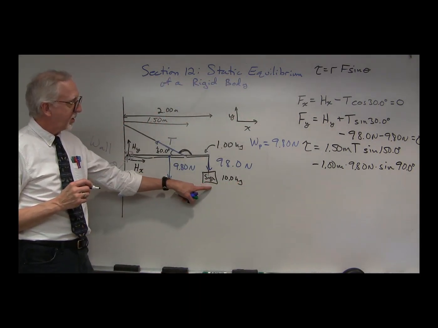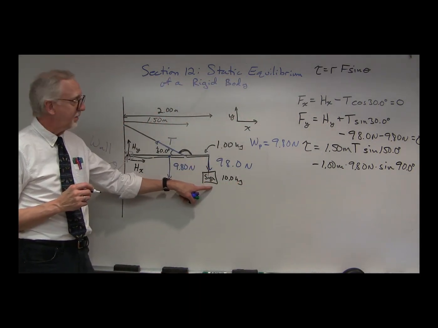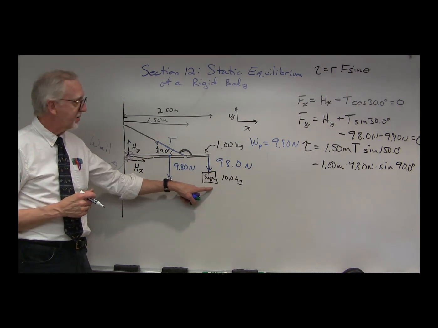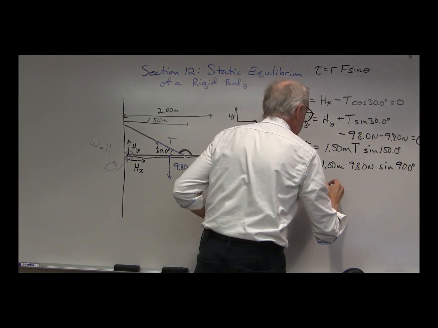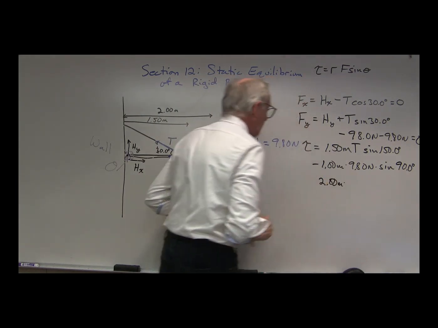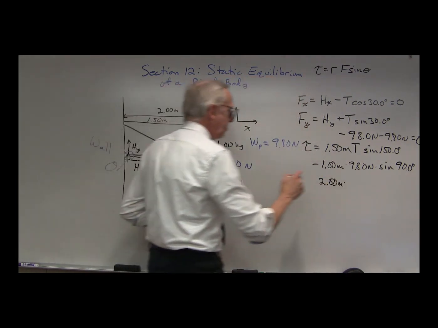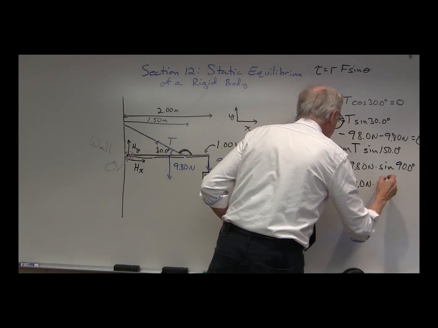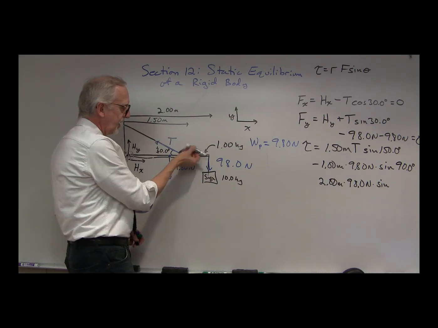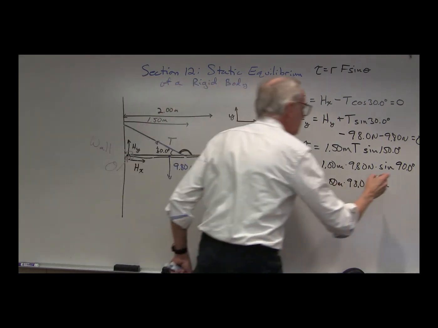Okay, one last force. The weight of the sign. What is R for the weight of the sign? 2 meters, times the force, which is 98 newtons, times sine. Theta, what's theta? Again, 90 degrees.